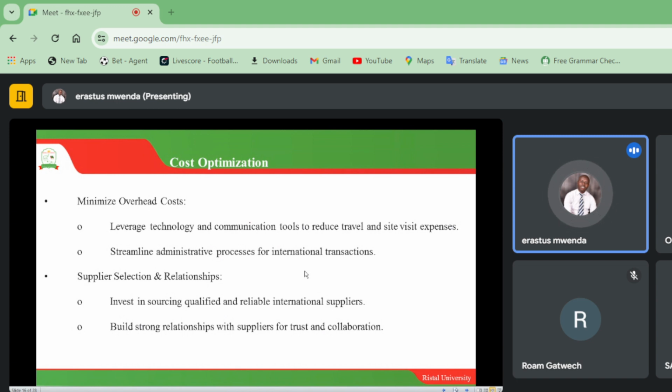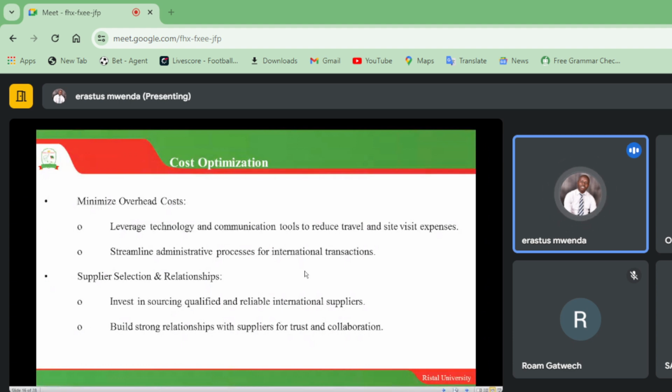When you are using the word leverage, we are talking about taking advantage of technology to be able to reduce the travel issues. The other one is streamline administrative processes for international transactions. So this is also very, very important.